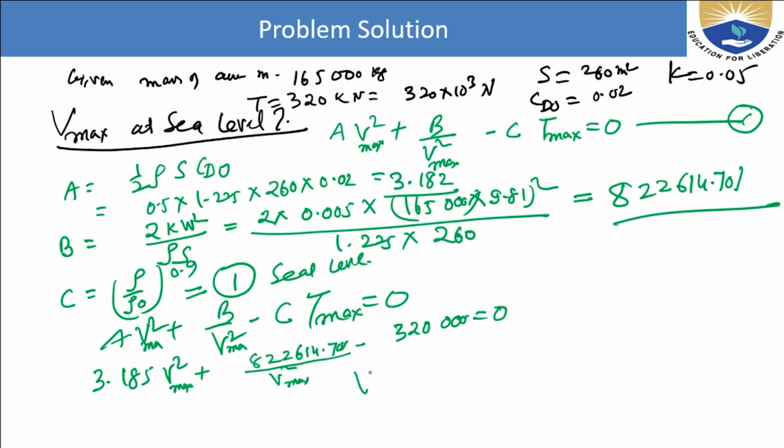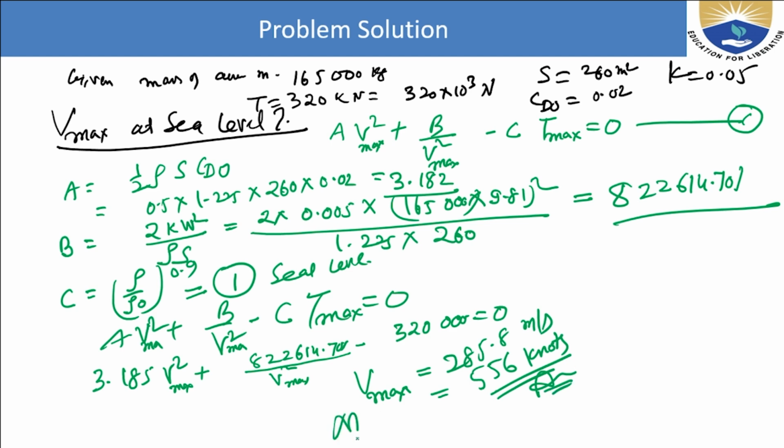So by solving this we will get V max. We will get 4 answers. Out of that the maximum value is 285.8 meter per second or 556 knots. This is the answer. The Mach number of this is 0.84. It is near the critical Mach number. So this is the solution for this problem.